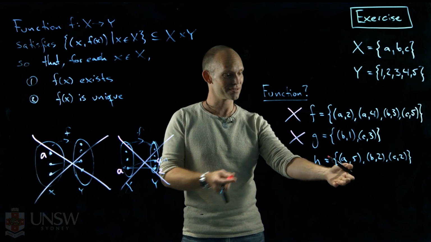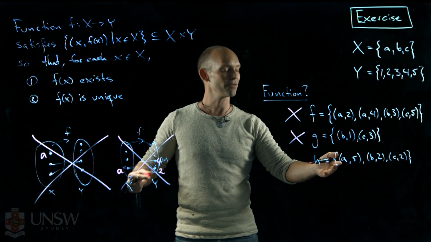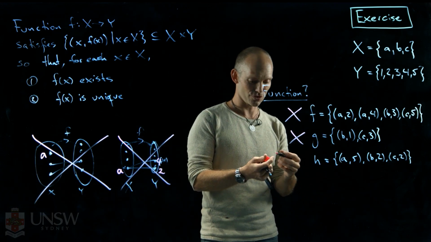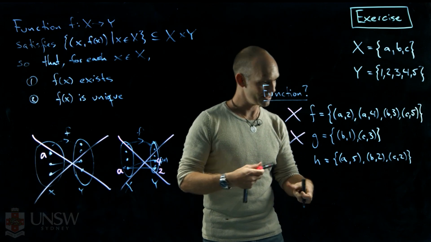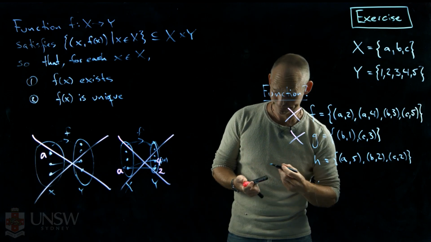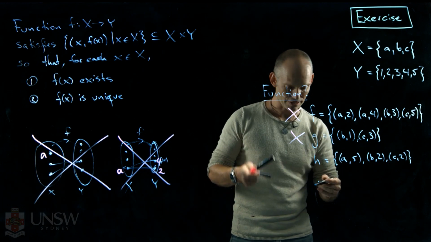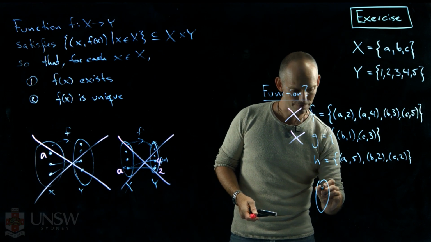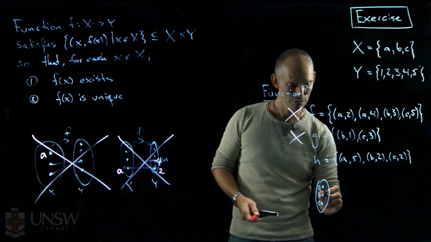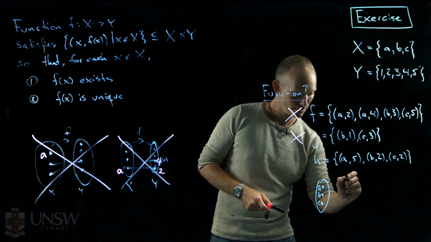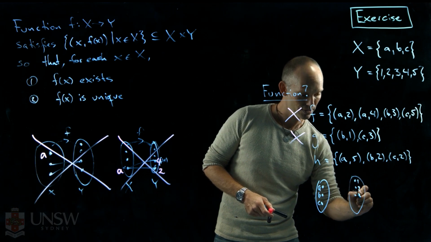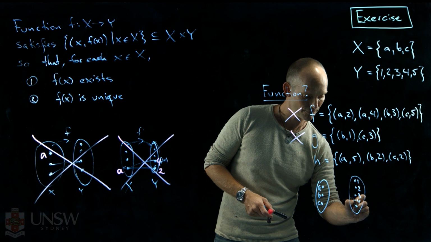Finally, the last one must be a function. Of course, but let's just double check to make sure. So yes, we could draw it up. Let's get a better pen. We have A, B and C, and they are given some marks, like here we have 1, 2, 3, 4 and 5.